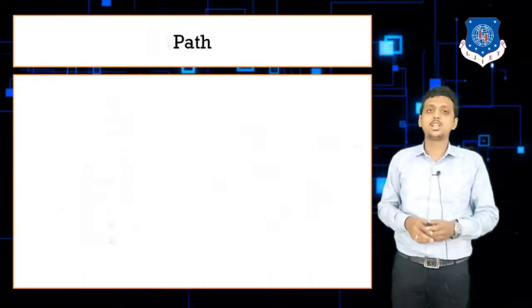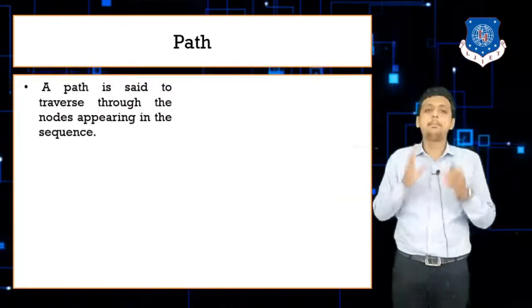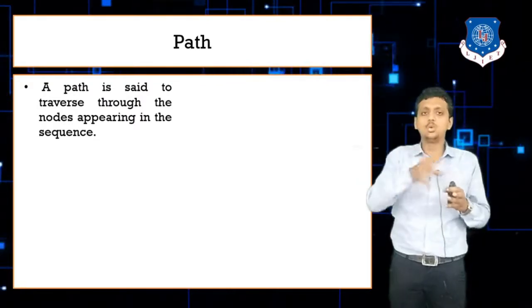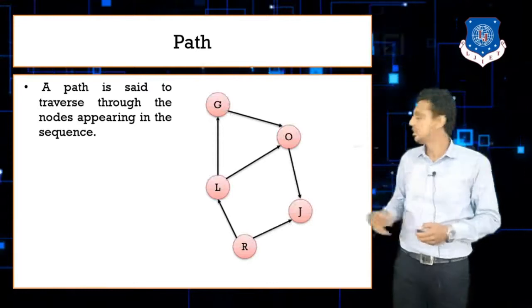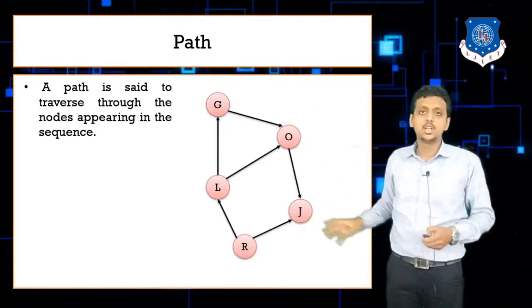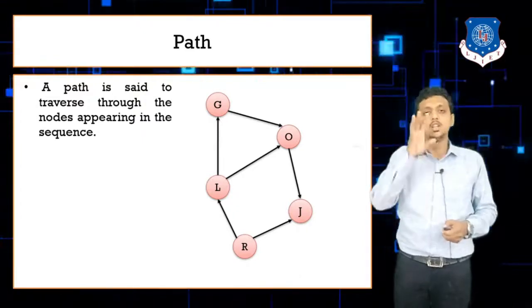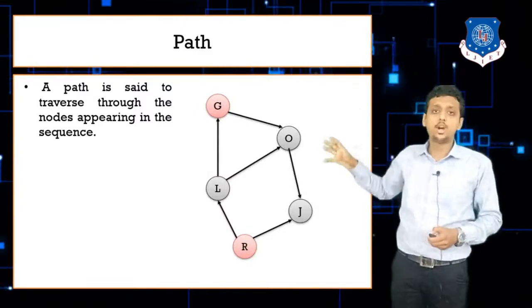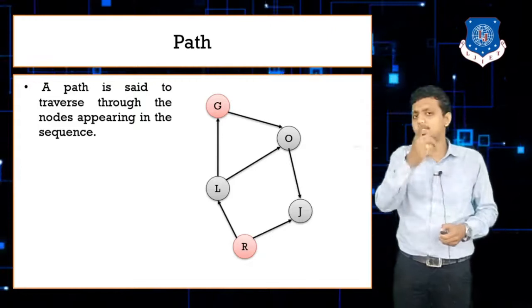Okay. Now next we have path. Path means when you traverse from one node to another node, and the nodes appearing in the sequence are known as a path. Here this is my directed graph with nodes G, O, J, L and R. Suppose I want to go from L to J, how can you traverse the nodes?